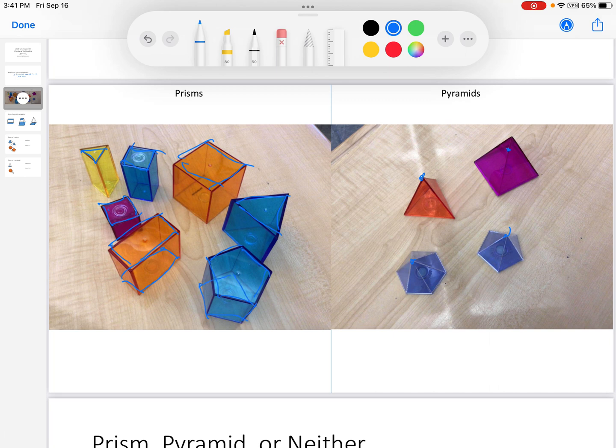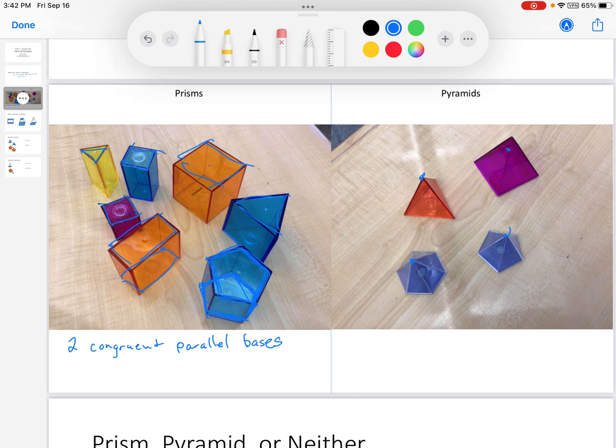So the definition of a prism is that it has two congruent parallel bases, meaning this one has a pentagon on the top and a congruent, equal size, equal shape, same shape pentagon on the bottom.